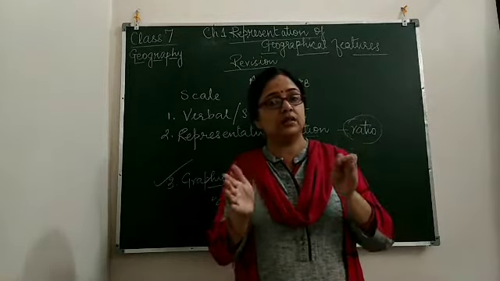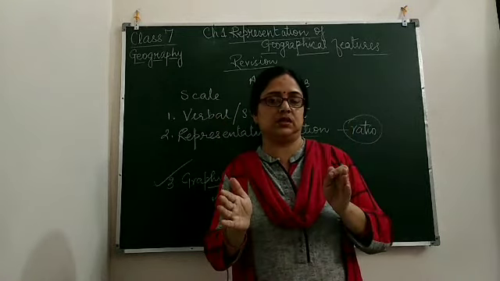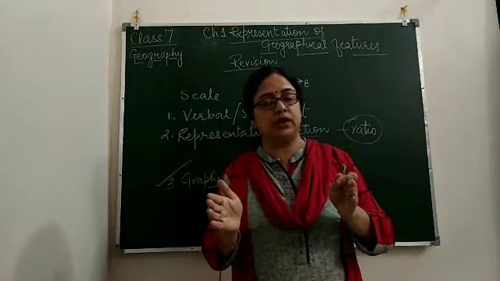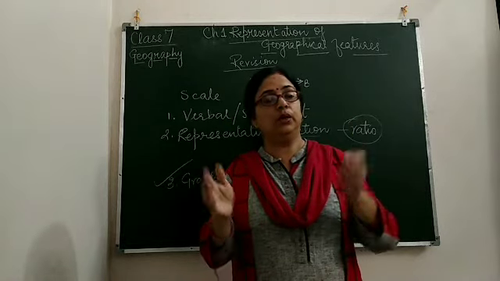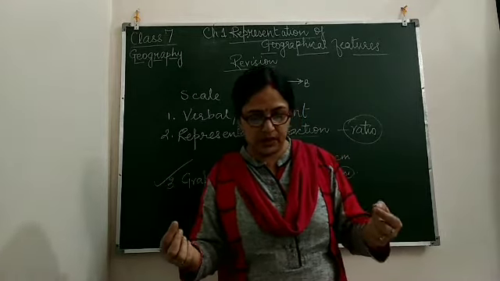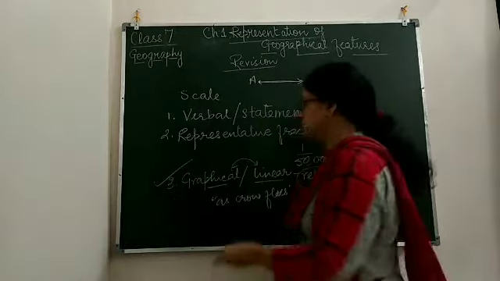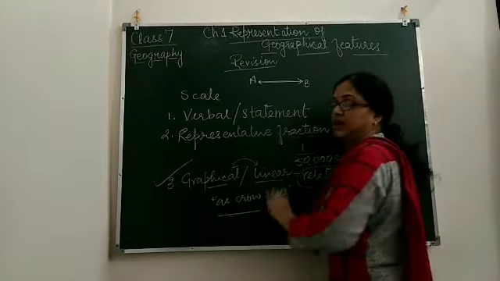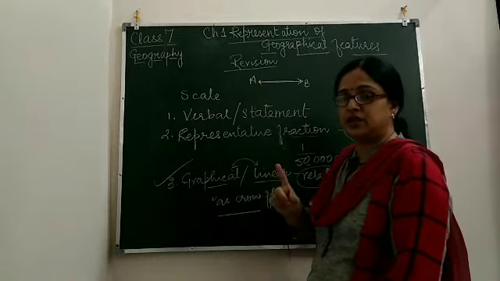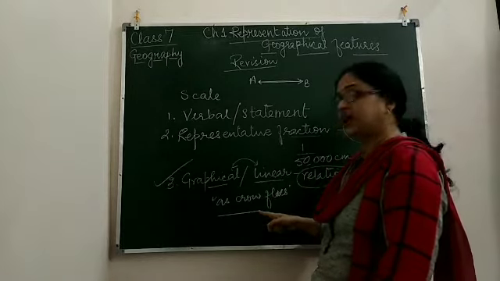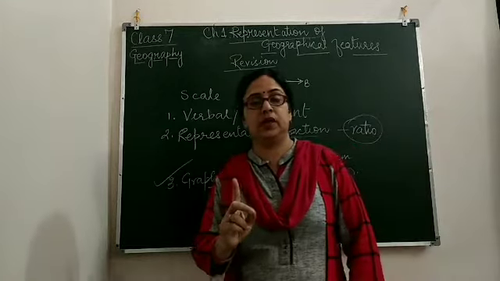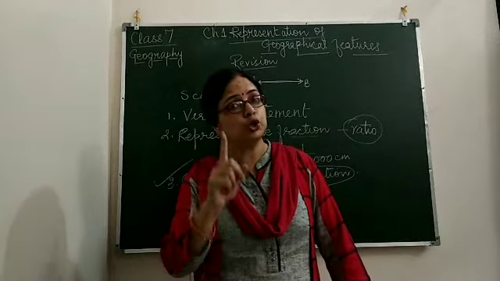It means it is the shortest distance. When we have to measure the short distance between two places, we can easily measure it in a straight line. So the first method is measuring distance in a straight line, or as the crow flies. It is used to measure short distances.